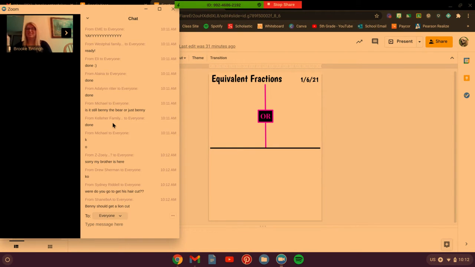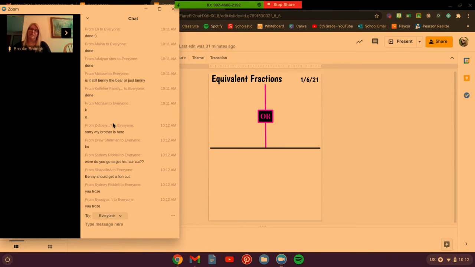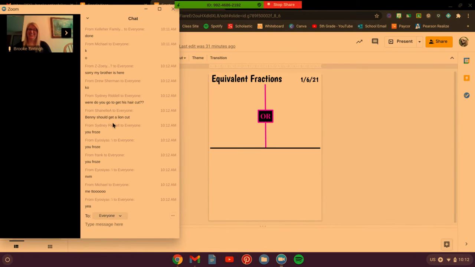We get him cut to where he still has some fluff on top of his head because that's part of his personality. Sydney, we have a place in Shakopee called Chuck and Don's, and they do haircuts. Oh, can you hear me now? Okay, good. We bring him to Chuck and Don's. That's where he gets his haircut.